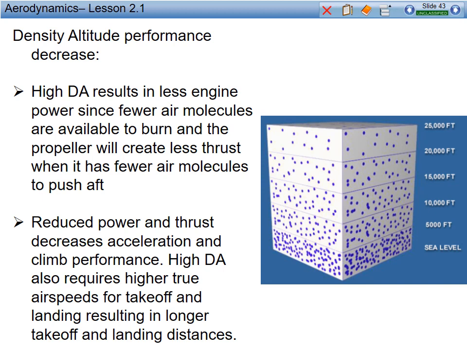High density altitude results in less engine power, since fewer air molecules are available to burn, and the propeller will create less thrust when it has fewer air molecules to push aft. Reduced power and thrust decreases acceleration and climb performance. High density altitude also requires higher true airspeeds for takeoff and landing, resulting in longer takeoff and landing distances.